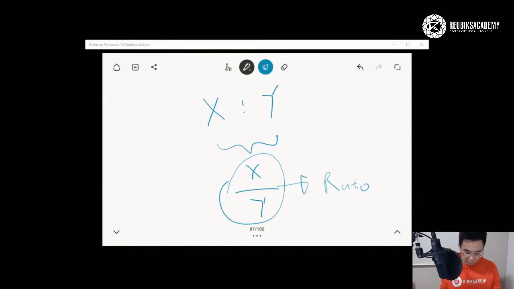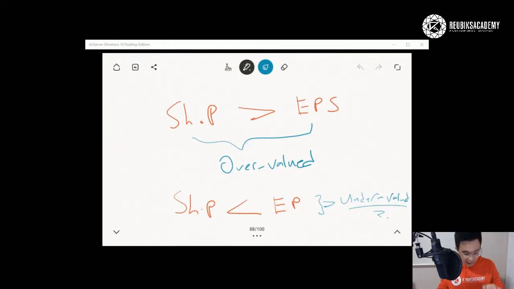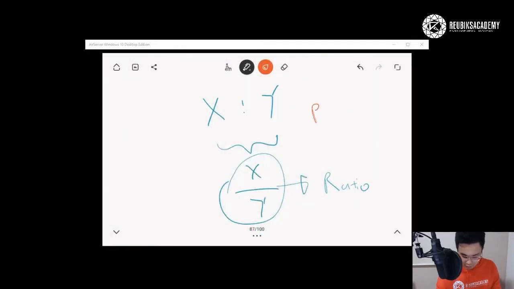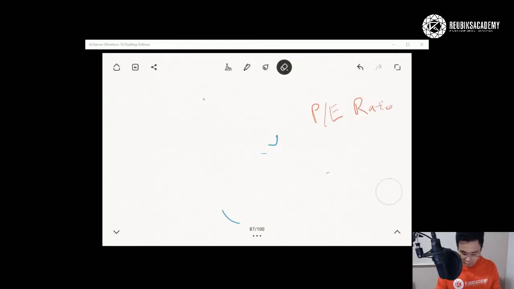Now, if you look at this, I can also derive a ratio. And that ratio is called the price to earnings ratio, which is also known as a PE ratio.